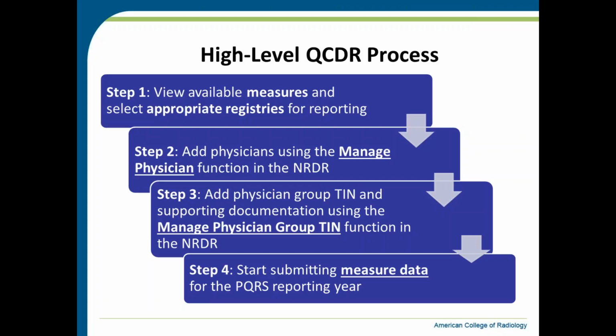They add their physicians, right? This is the physician quality reporting program, so we do need information on their physicians. And the most important thing they give us is their physician group tax ID number. This is the ID that they bill Medicare Part B services for, so we definitely have a process to collect that information. And then step 4, where all of you come into play, is helping them start submitting measure data to the NRDR or the QCDR.